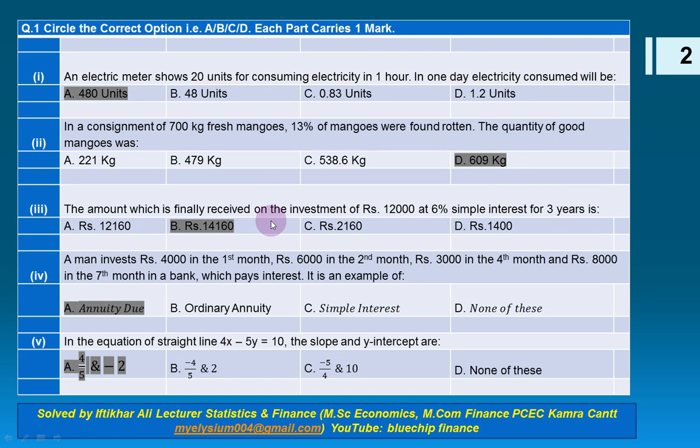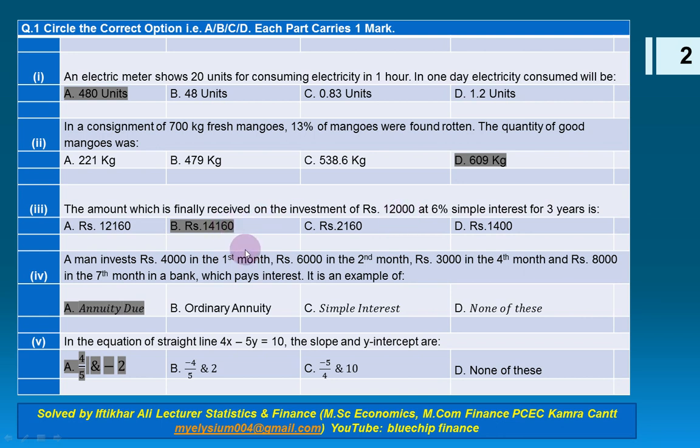The formula for simple interest is P multiplied by I multiplied by N. P is the principal amount, which is 12,000. Interest rate is 6%, 0.06, and N is 3. So simply multiply these three figures and just add up to the principal amount, and the correct option will be 14160.